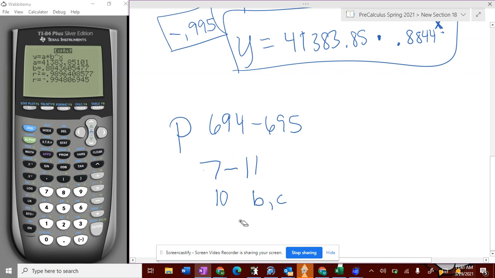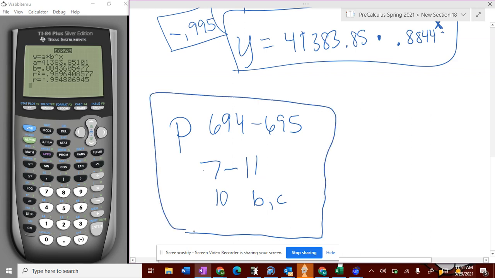But on 10, just do B and C, because it's going to talk about plotting the log stuff. We're doing things on the calculator, so we don't have to worry about that. So 7 through 11, 5 problems. But on 10, just do B and C. And on 10, you'll notice there's a lot of data to put in. But hopefully you can understand that.